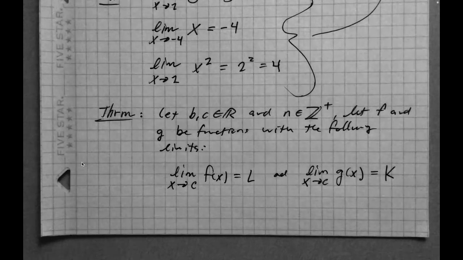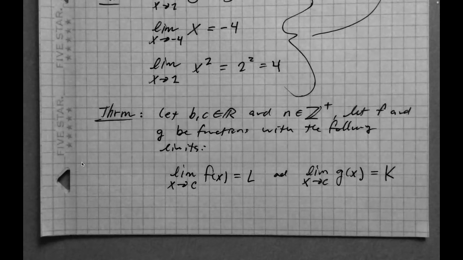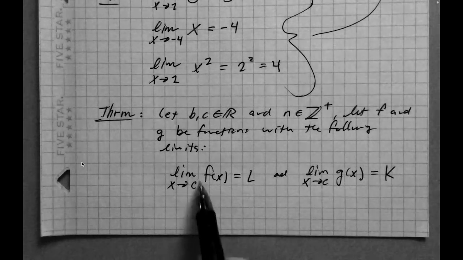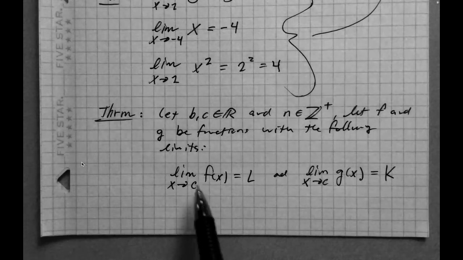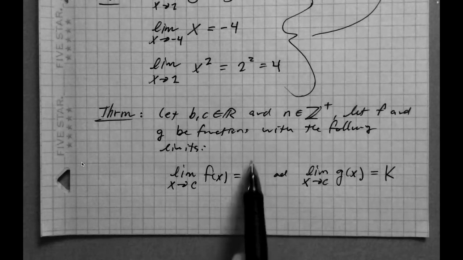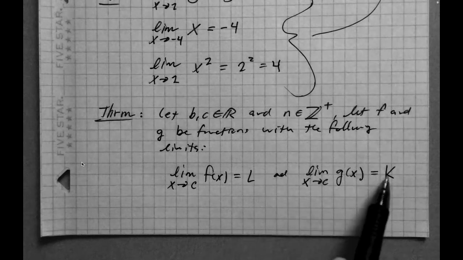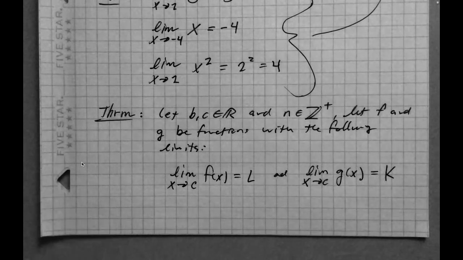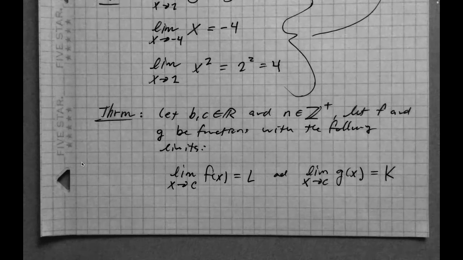Maybe k and L are the same, maybe they're different. Notice both functions have the same limit point. In both cases, we're approaching the same c on the x-axis, but these two functions may have different actual limits. One's L, one's k. Again, L and k could be the same number, but in general they're not.